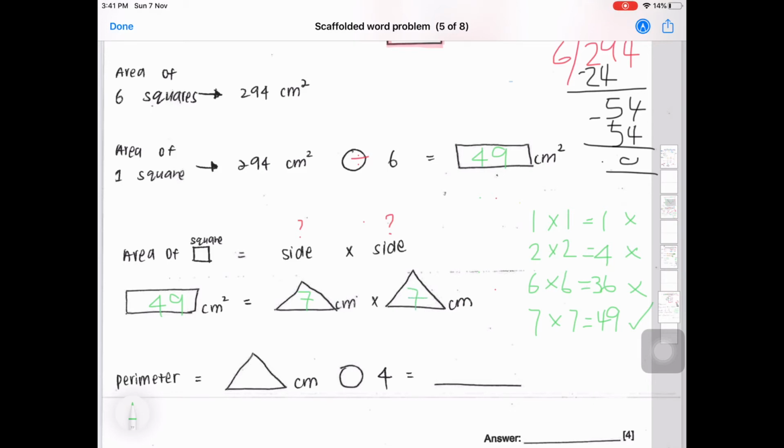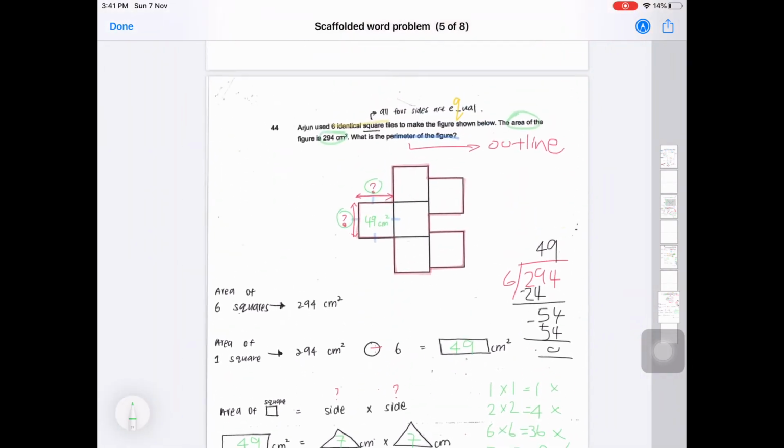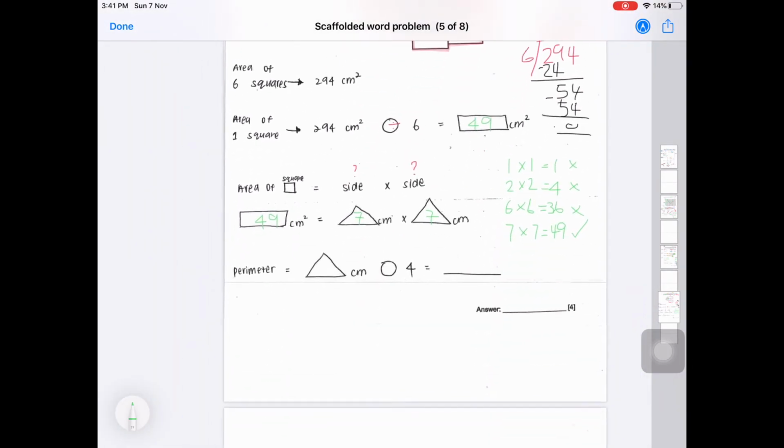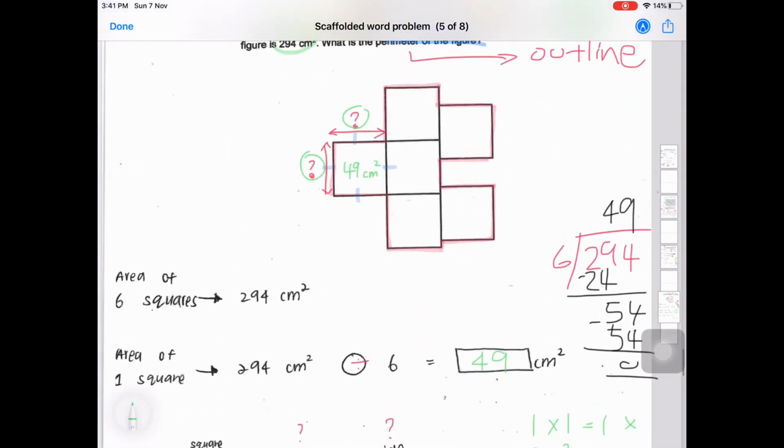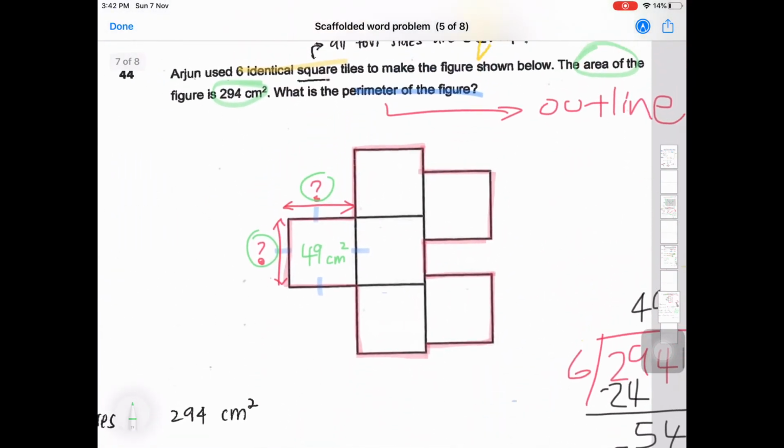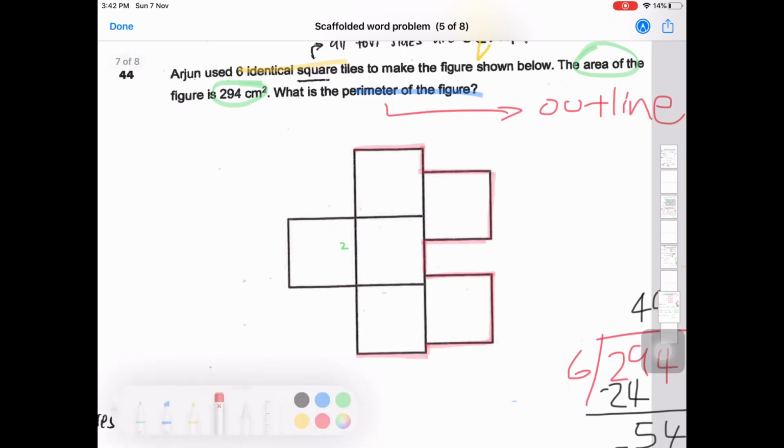7 times 7 is 49. Now that's not the final answer because we are finding the perimeter of the figure. So to find the perimeter of the figure, I'm going to erase this first, not to confuse.